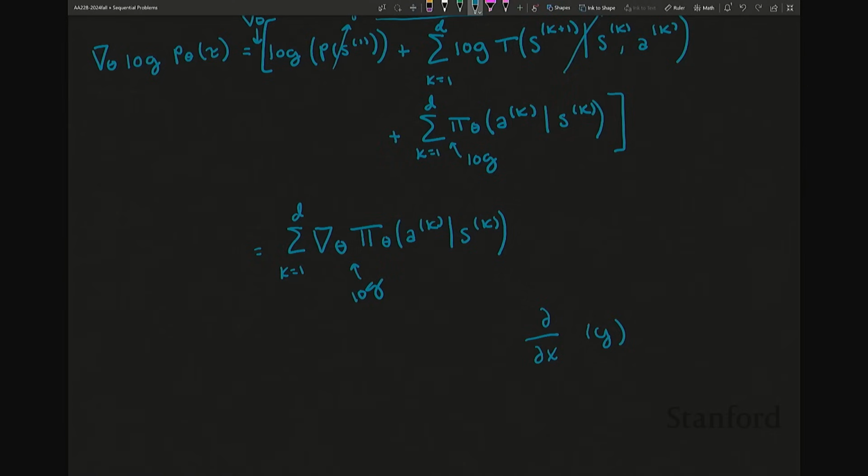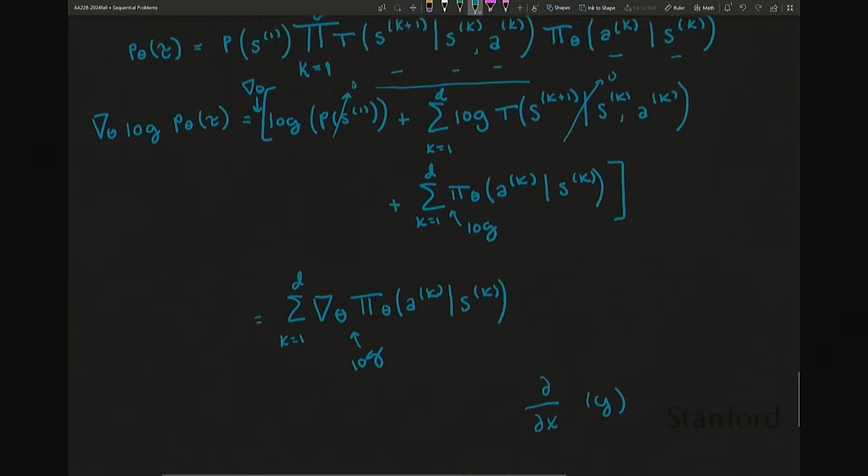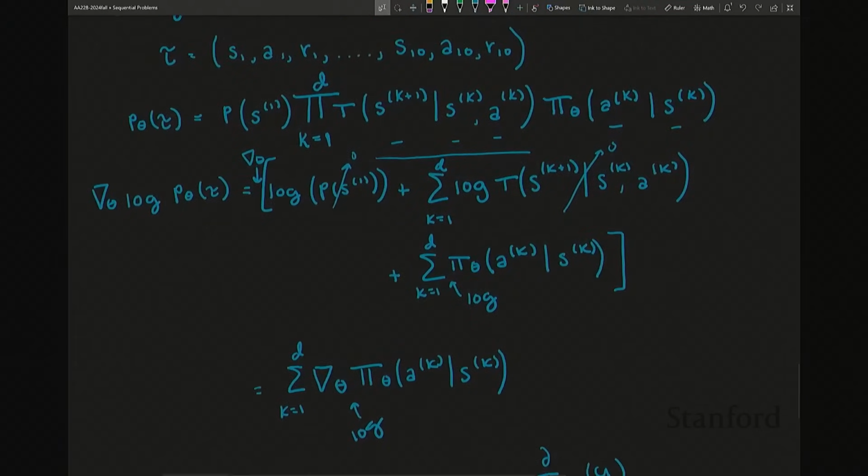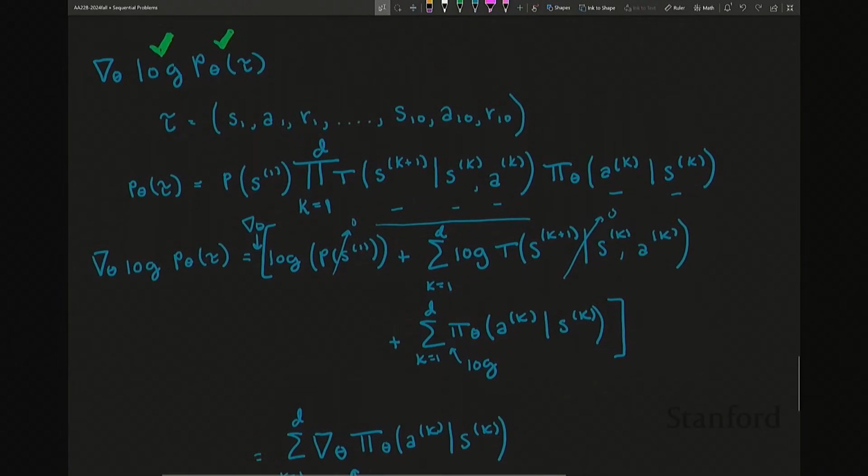Anything else here? Any other steps that might not be clear? Yes? Okay, this might be nitpicking, but should it be from k equals 1 to d minus 1, or should it be from k equals 1 to d? Let's see. Good question. Not nitpicking. Yeah, that should be to d minus 1. Should it not? I don't think so.